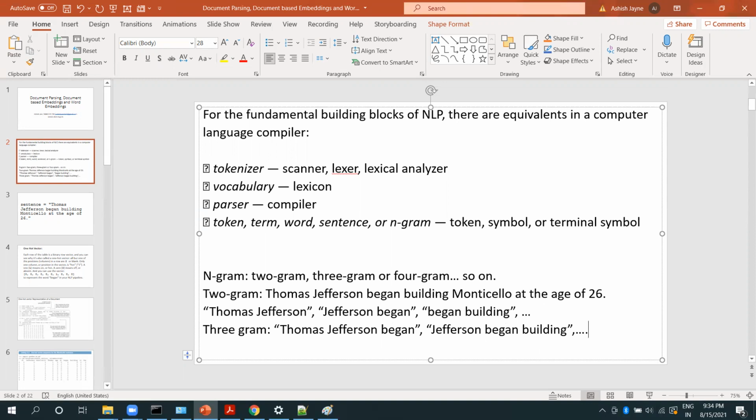So by 2-gram and 3-gram, we basically mean how many words we want to take together to form a token. A 2-gram token means there are going to be 2 words in it. A 3-gram token means that there are going to be 3 words in it.